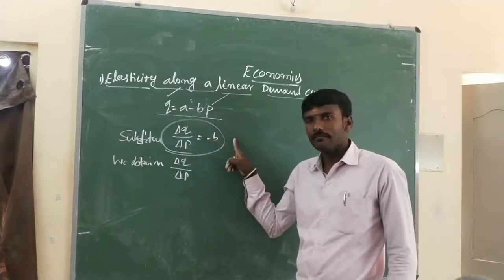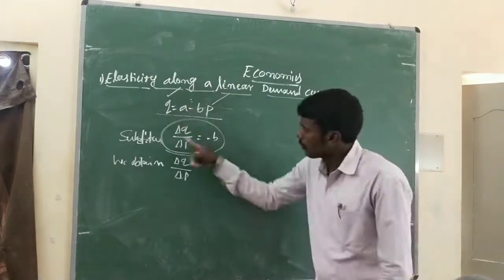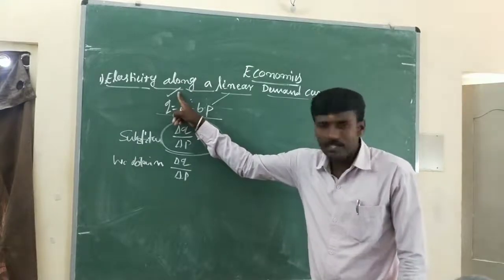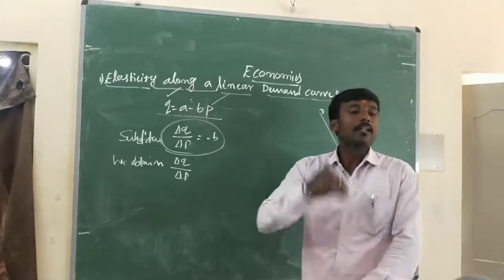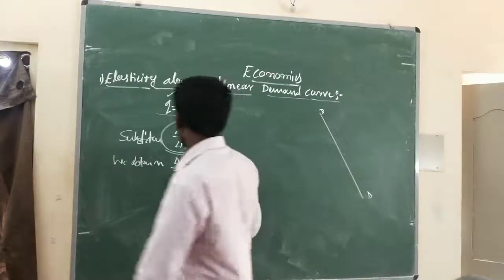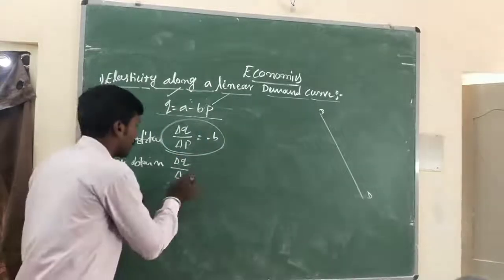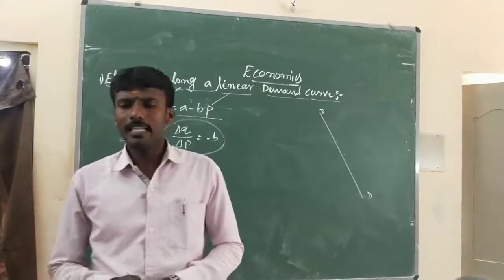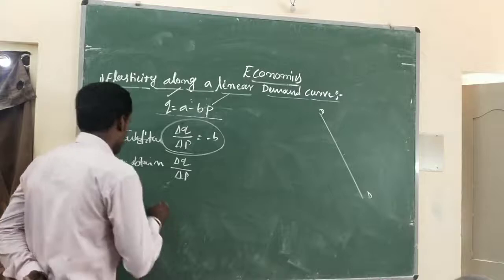When we substitute this value into the demand curve equation, Q equals A minus BP, then we obtain another equation, delta q divided by delta p. ಸಿಂಪ್ಲಿ ಈ ವ್ಯಾಲ್ಯೂನ ಈ ಈಕ್ವೇಷನ್ ಗೆ ನಾವು ಸಬ್ಸ್ಟಿಟ್ಯೂಟ್ ಮಾಡಿದಾಗ ನಮಗೆ delta q divided by delta p ಸಿಗುತ್ತೆ. Then we will convert this equation into PED.